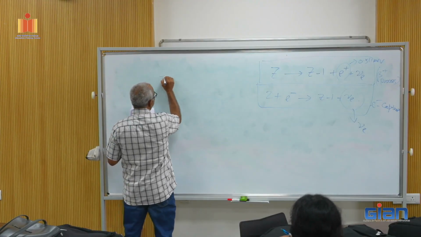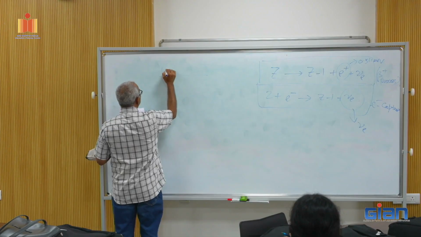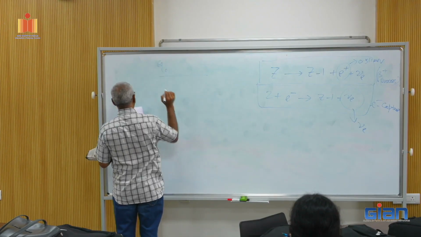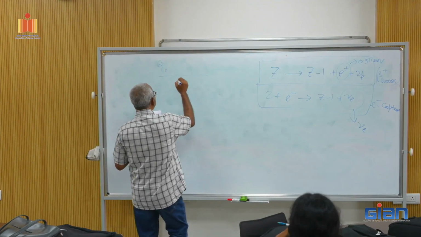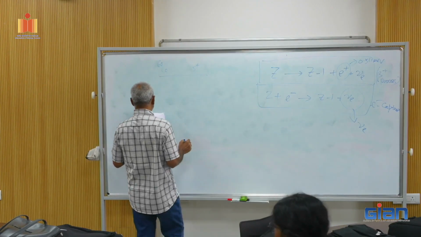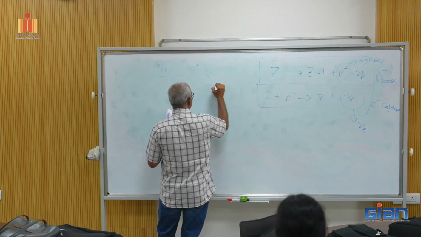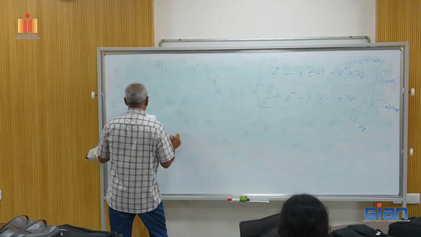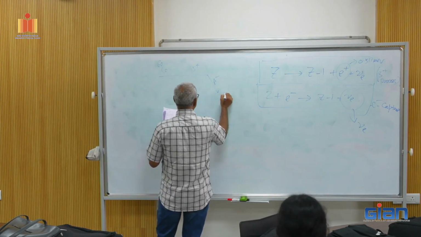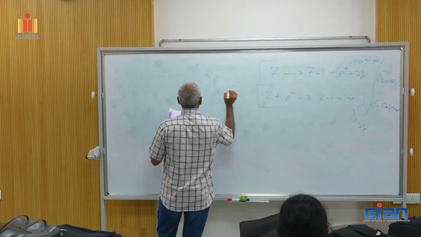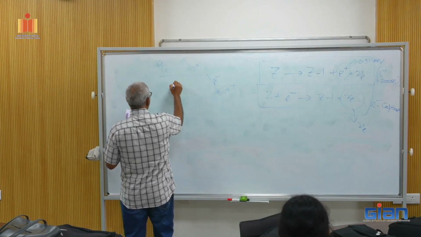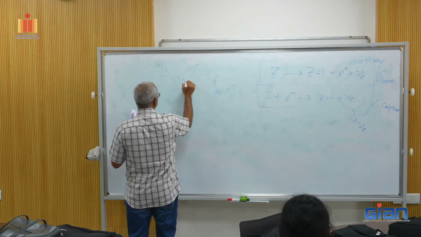For example, let's say you have cobalt-60, which has 5 plus angular momentum, and it decays by beta minus to a state with 4 plus, and the half-life is 5.3 years.